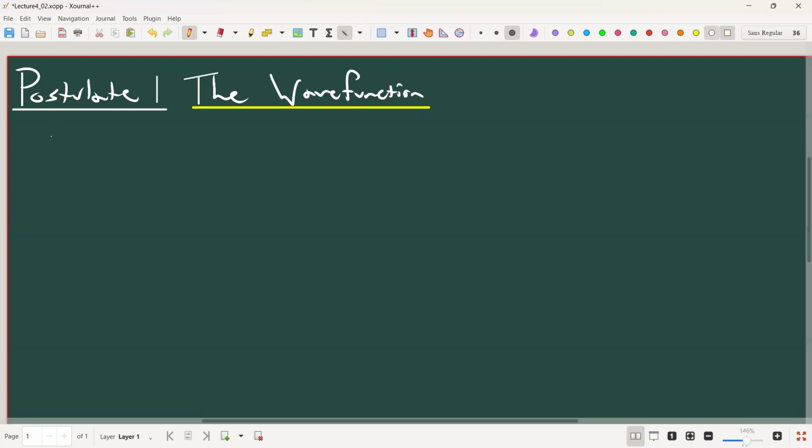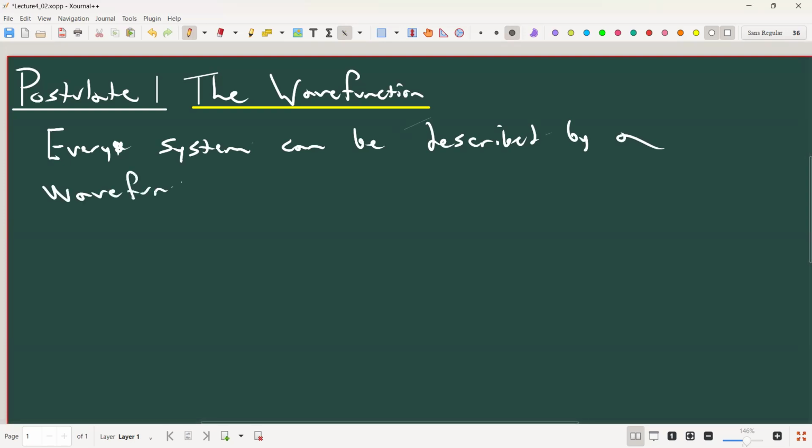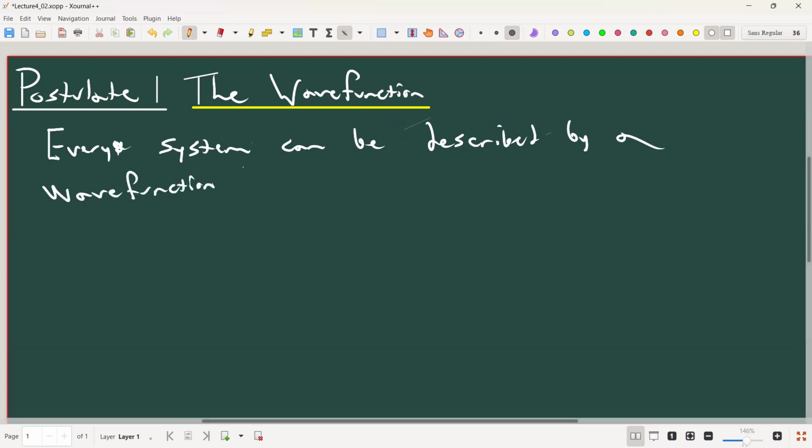So the wave function: every system can be described by a wave function psi, and that's a function of position, which I call r, x, y, z, depending on what our system is, and time.